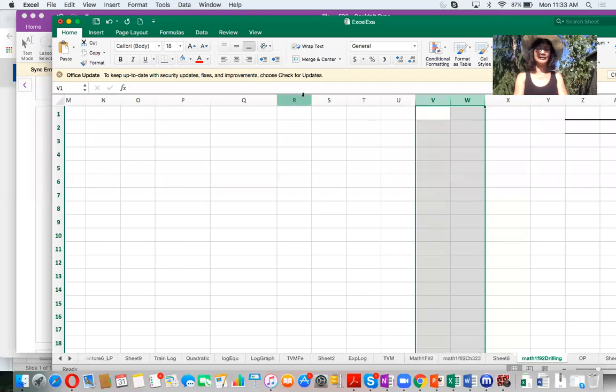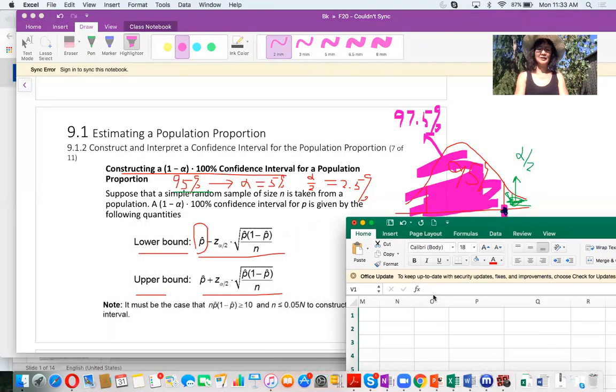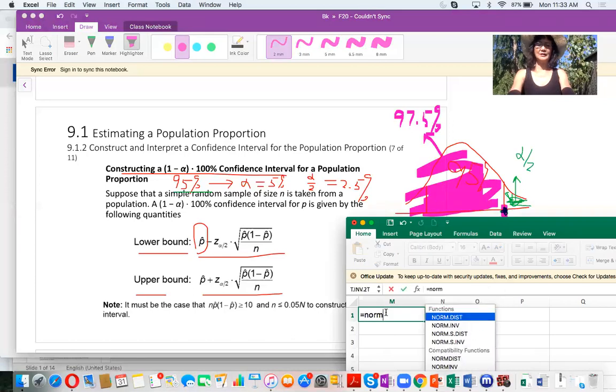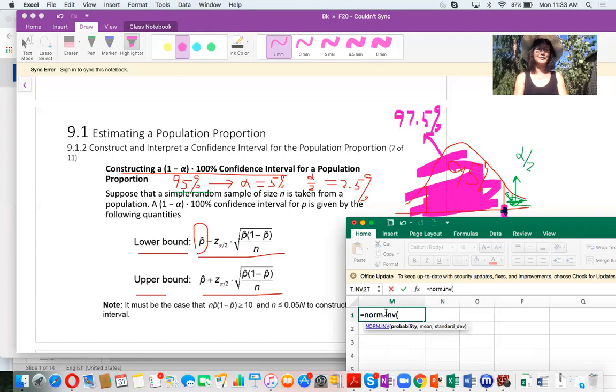You can also use the table. You use NORM.S.INV, inverse normal distribution, which will give you the Z value or Z score. Probability is the area, 0.975. Mean is 0. Standard deviation is 1 because we are using standard normal distribution.